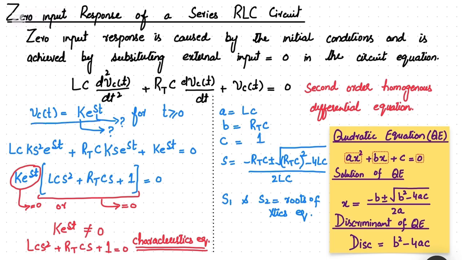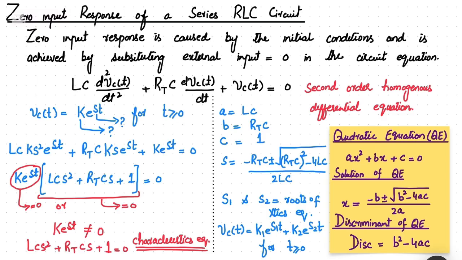Because our general response was Vc of t is equal to k into e raised to power st, and we got two roots of this characteristic equation, our general response Vc of t could be written as Vc of t is equal to k1 e raised to power s1t plus k2 into e raised to power s2t, for t greater than equal to 0.